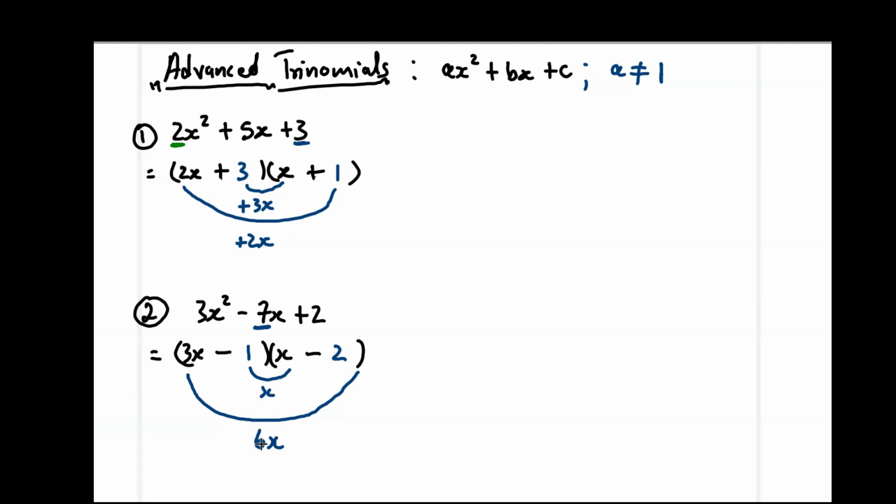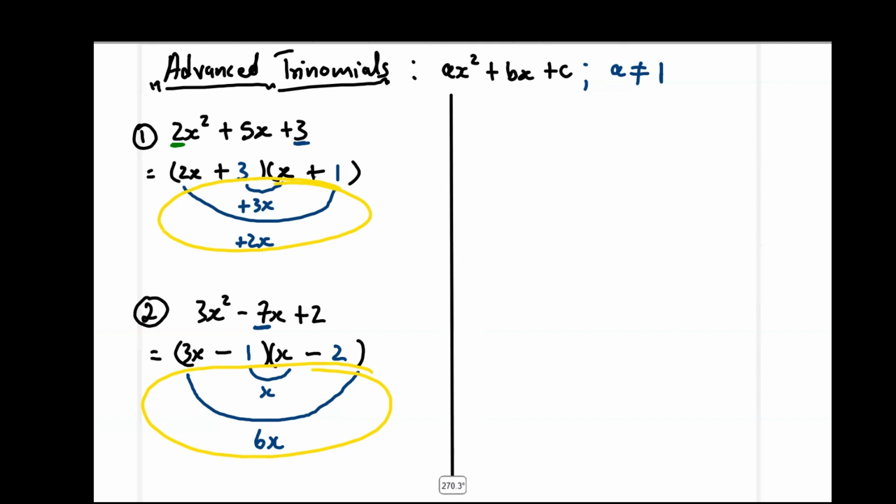That will definitely give you a 7x. Of course, as you write your answers, there's no need to write all that. I'm putting that for educational purposes so that you understand what is going on here. All right. And this is, by the way, a method which I refer to as inspection, because you play around with things and you try and see what would actually work out as best.